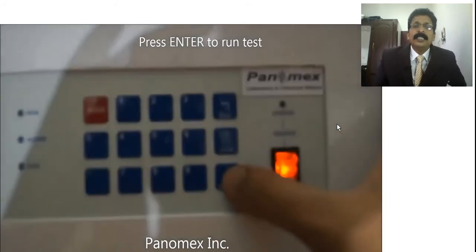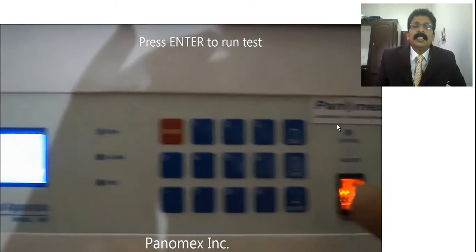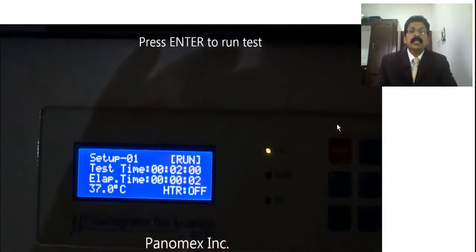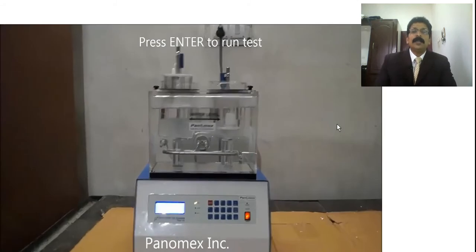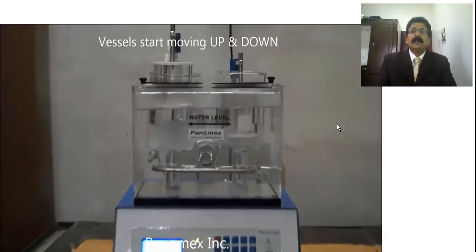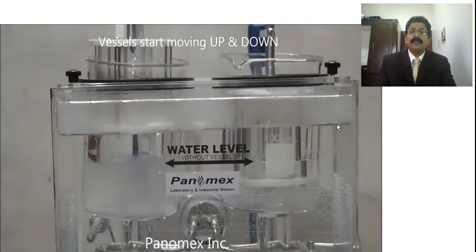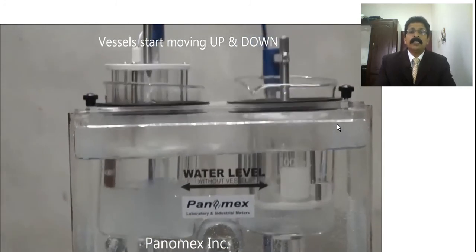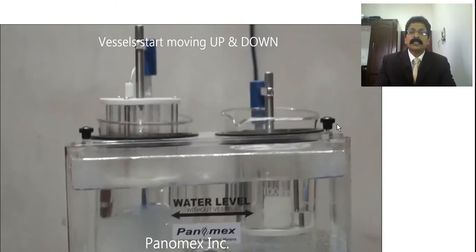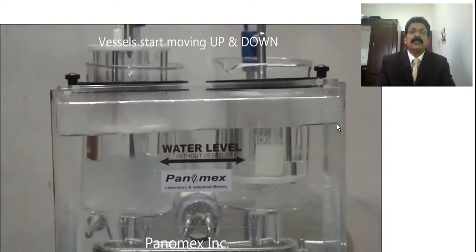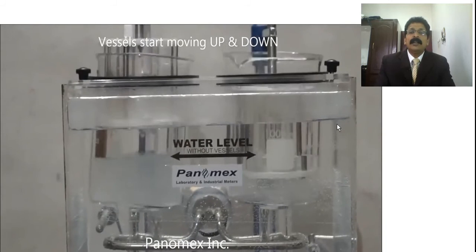We will see that in the next slide. Then he will fix the time, and you can see the cylindrical basket which contains the tablets moving up and down. The level of the water should be maintained.